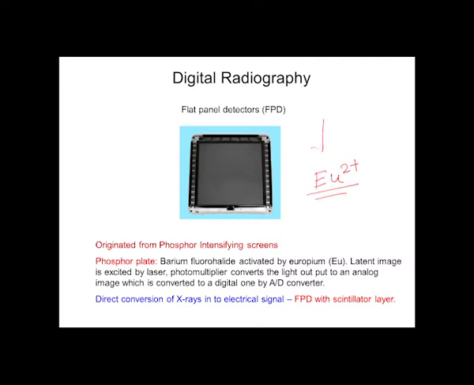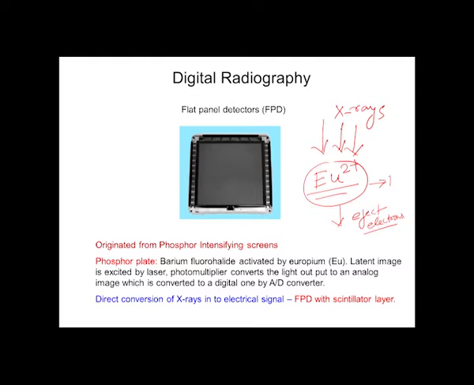Now, when it is exposed to incoming X-ray intensity, these X-rays will interact with the europium ions and eject electrons from the europium. And as a result, when an electron is ejected from the europium 2+, it becomes 3+.